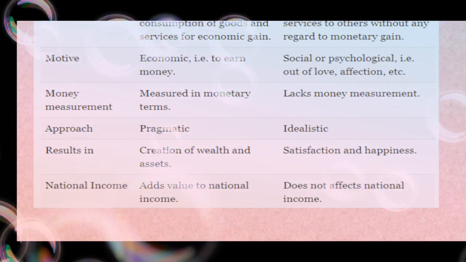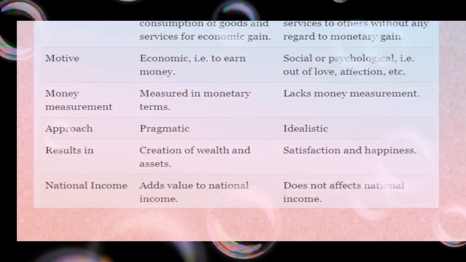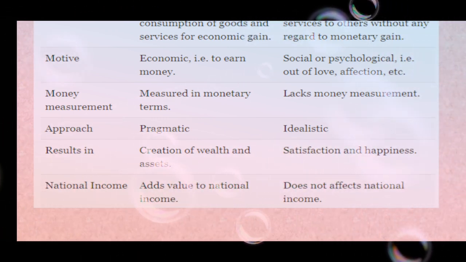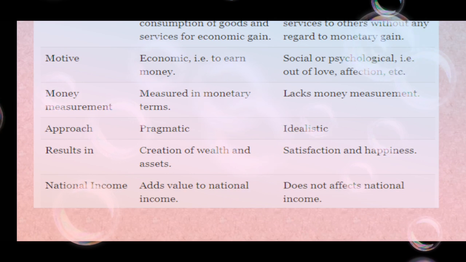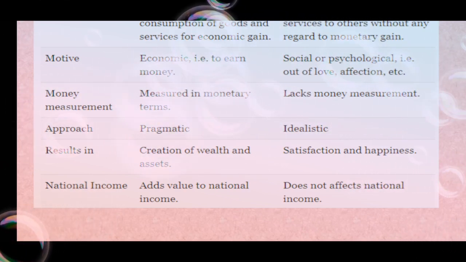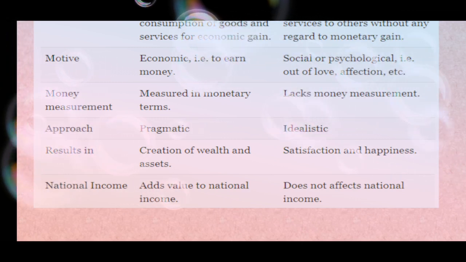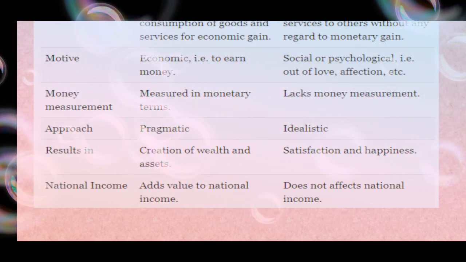To give you an example of economic activity, buying books from a stationery shop. Such an activity can be considered an economic activity because you're paying money and you're getting the book. Or eating in a restaurant, that is, you satisfy the need by incurring an expenditure.